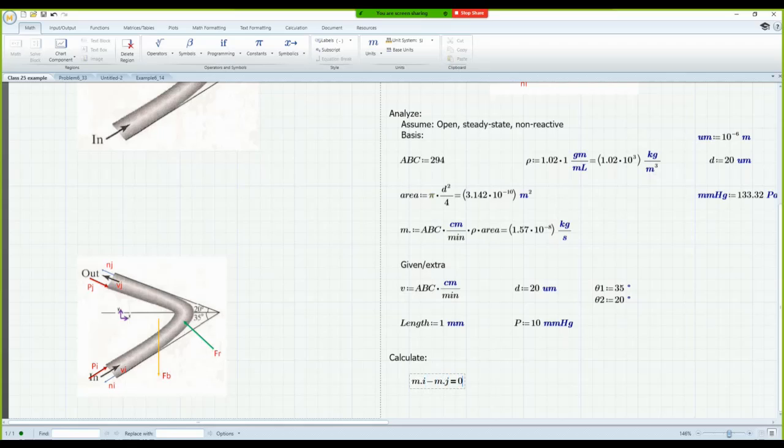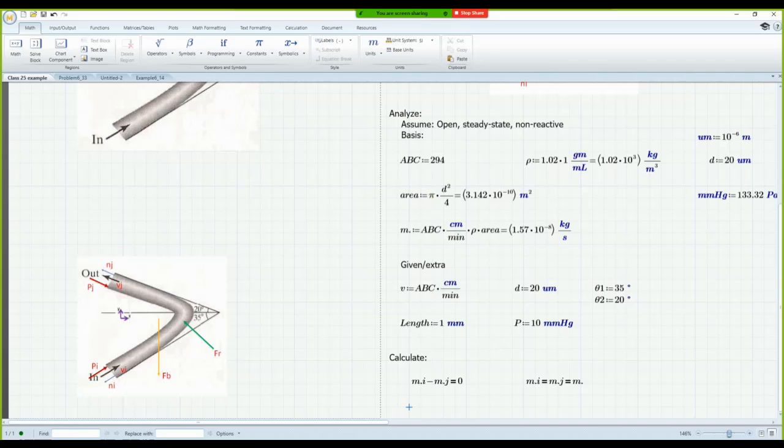That simplifies to m dot I equals m dot j, so I'm just going to call them both m dot, and I can calculate m dot. It was given here, so I know the in and the out are both that same value.